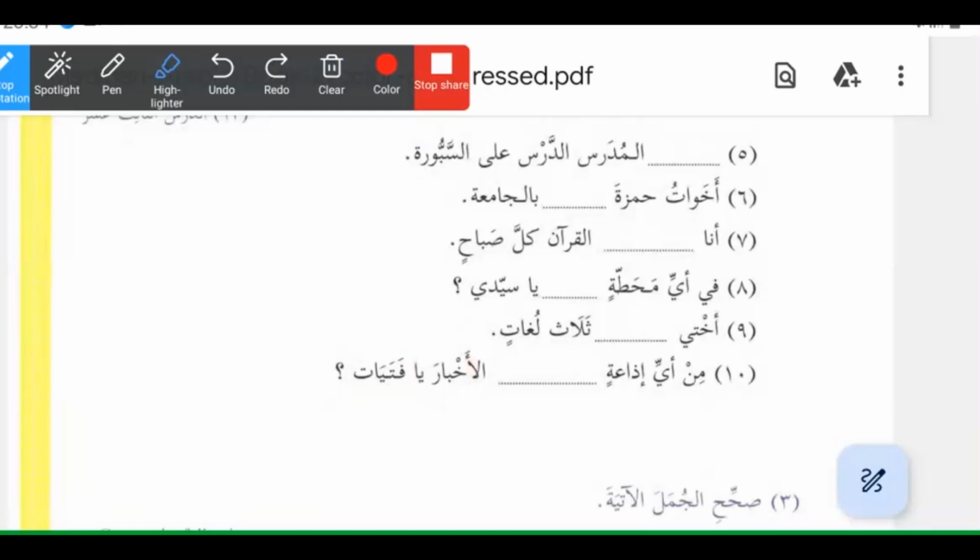Sami'a means he heard or he listened, and yasma'u means he listens, or he is listening, or he will listen. So for a female jama mukhatab, it will be tasma'na.